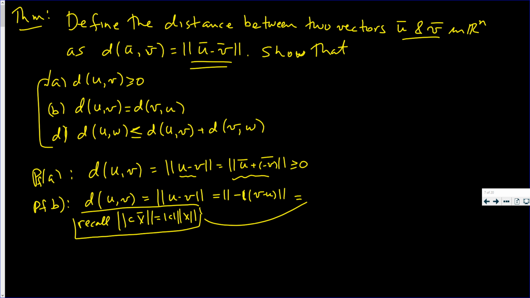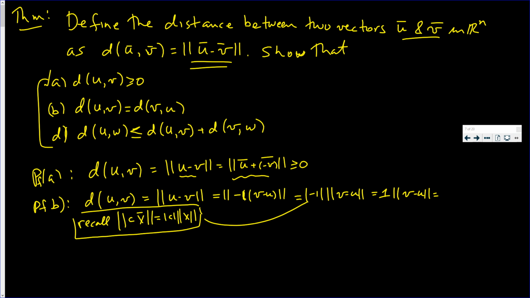So this is equal to the absolute value of negative 1 times the length of v minus u. But the absolute value of negative 1 is 1, times the length of v minus u. Well, that just equals the length of v minus u, which is d of v comma u.